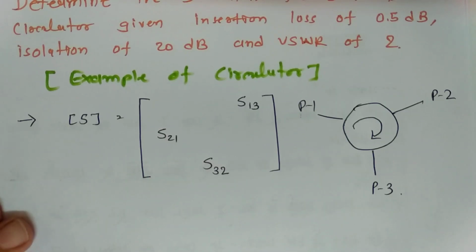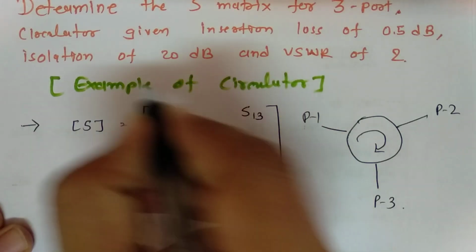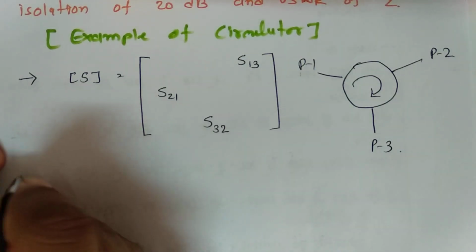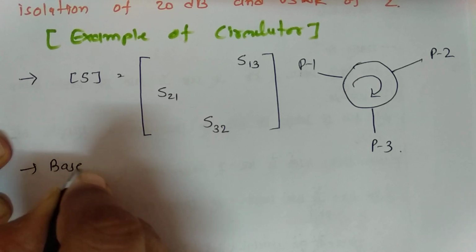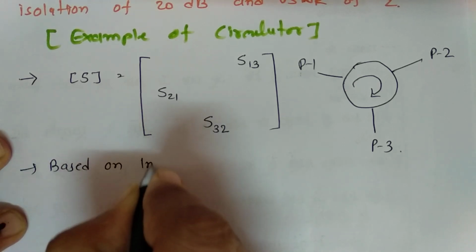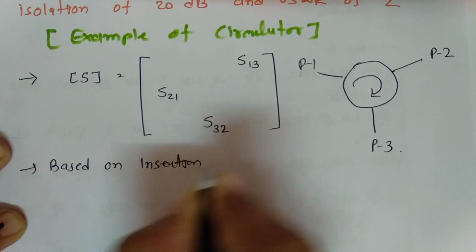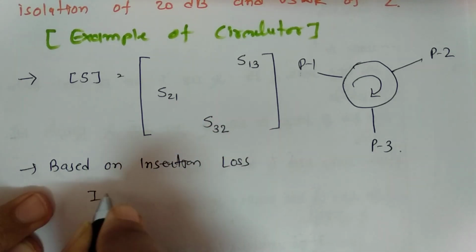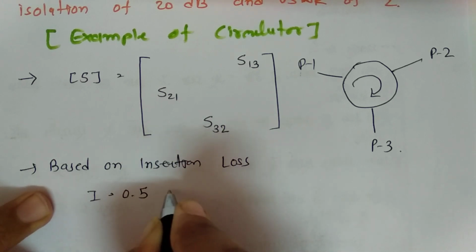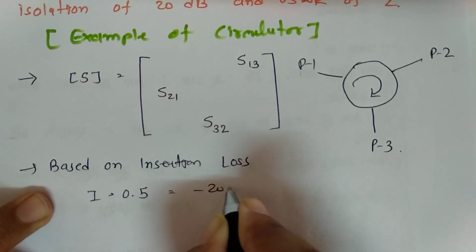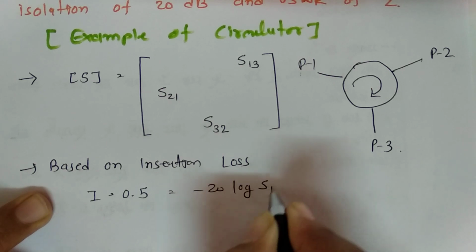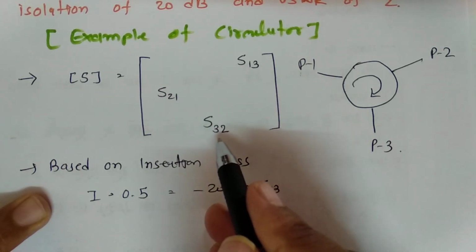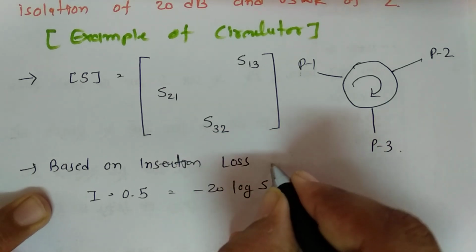So here the insertion loss that is given is 0.5 dB. Based on insertion loss, we can say I equals 0.5, and that is minus 20 log of S13, or one can say S21, or one can say S32.